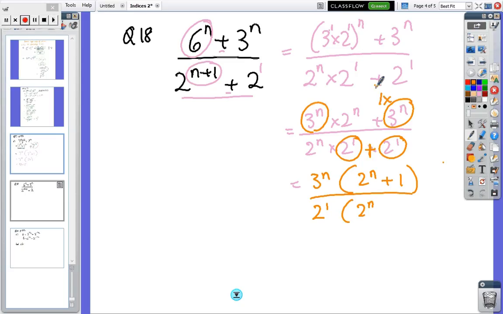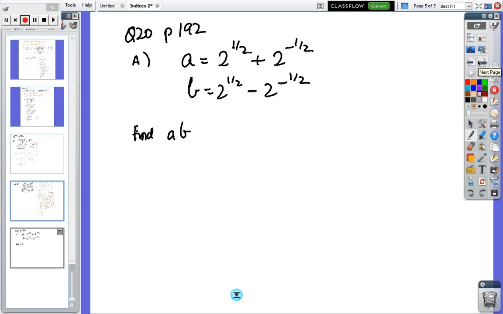That's a plus sign, plus 1 again. And then this factor is the same as that factor. And so the answer is 3 to the n over 2, which looks a lot neater. So again, there's a couple more in question 18 to do. Copy that down when you're ready to come across, and we've got one more to go.